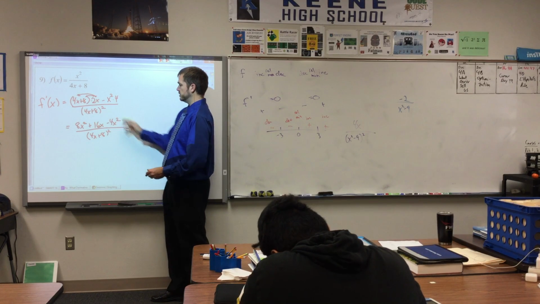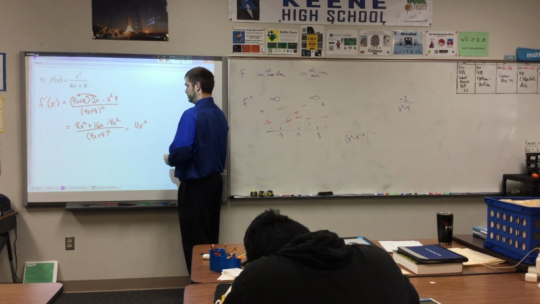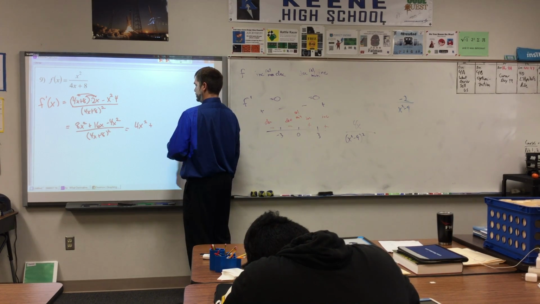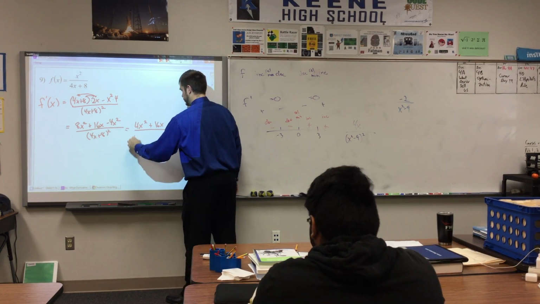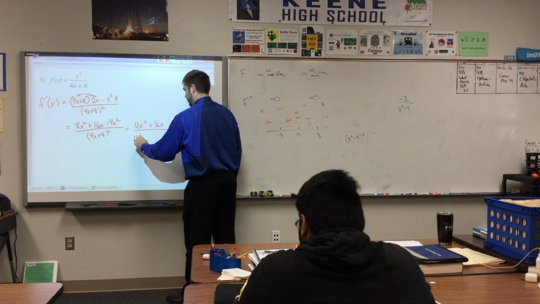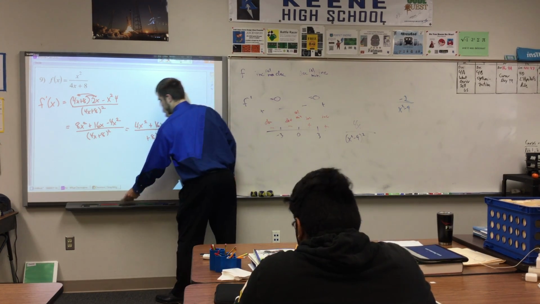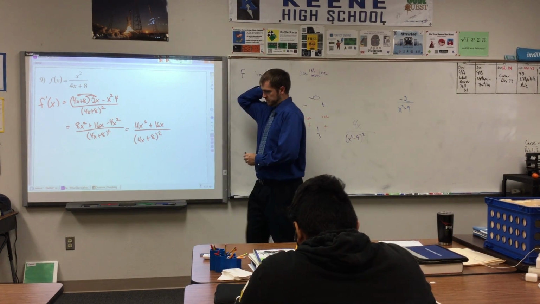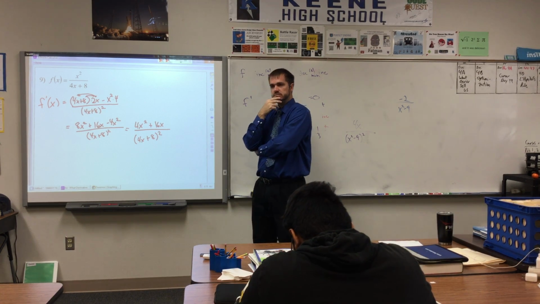So combining like terms, we have a 4x squared plus 16x all over 4x plus 8 squared. That look about right to y'all?